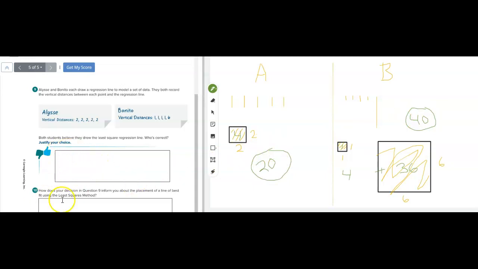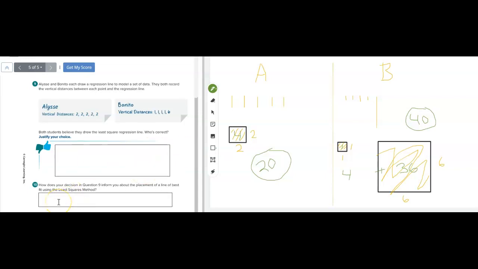So in this box here, number 9, you're explaining who is correct, who has the least shaded squares, or the best least squares regression line, Benito or Alyssa. Then, this is for you to think about, if you look at these numbers, right?